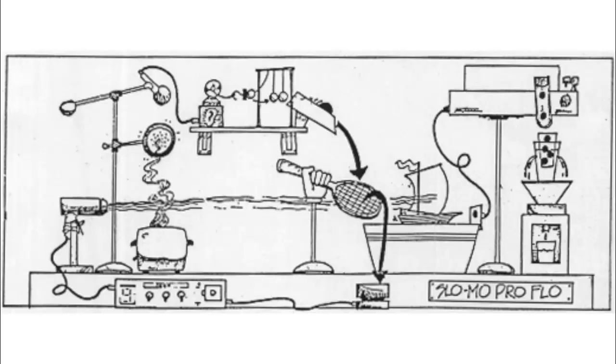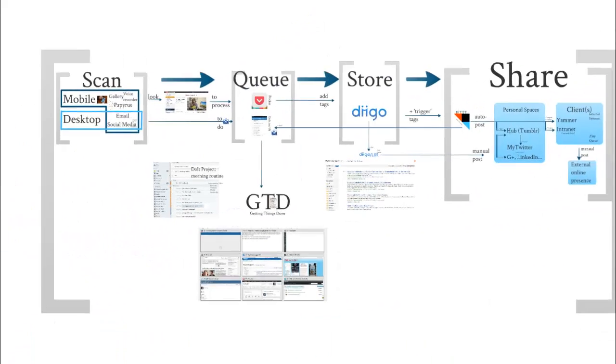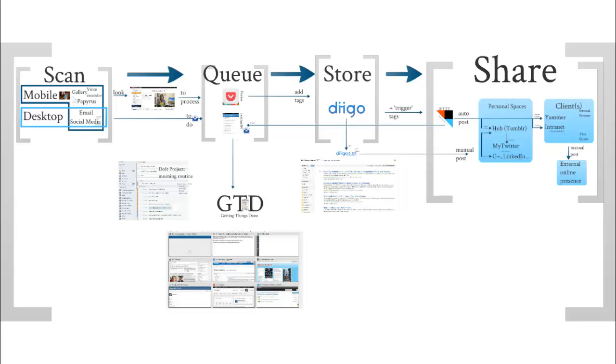It's adaptable, it's flexible, it's robust. This is my work in progress, and the reason I'm sharing this is that I'd really love to find out from other people how they organize their inboxes, their to-do lists, their content, and how they manage this for their online presence. So this is how I do it, okay?